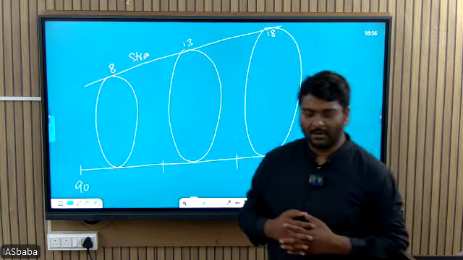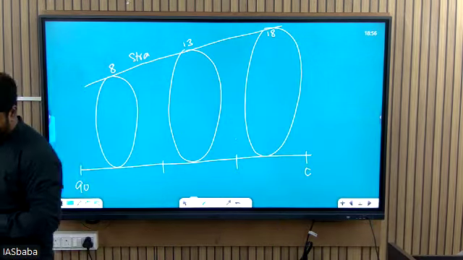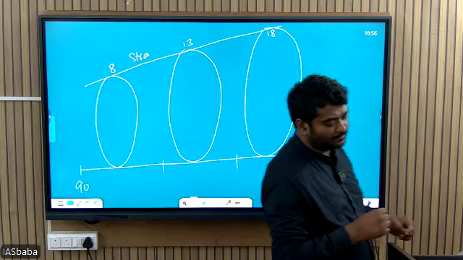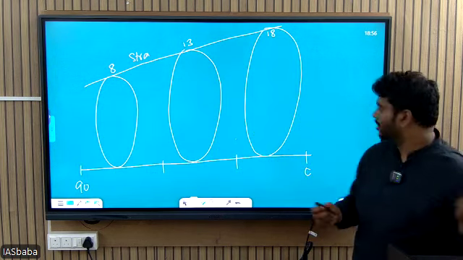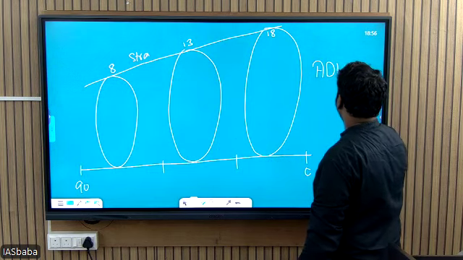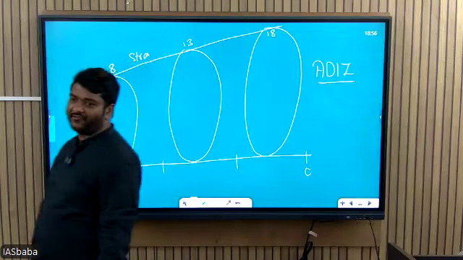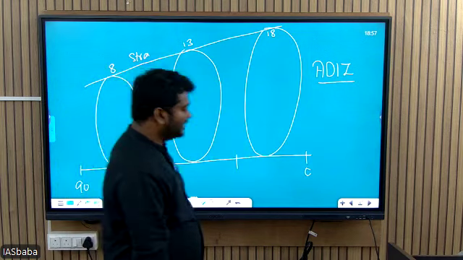Fine. Next, last one. You write. To safeguard the airspace of a country, ADIZ, Air Defense Identification Zone, is set up.